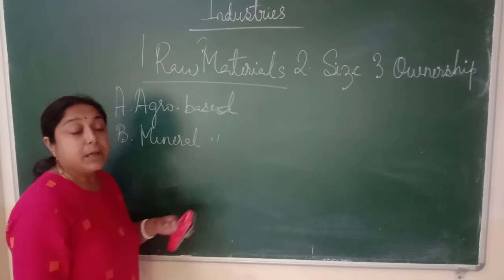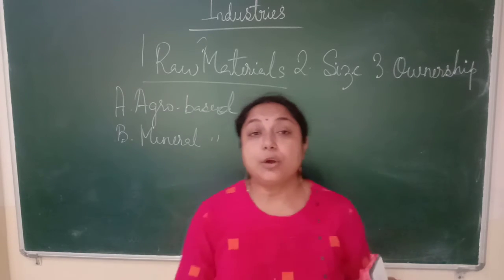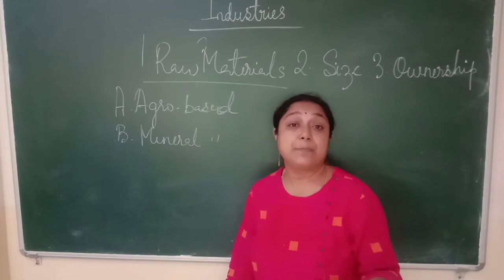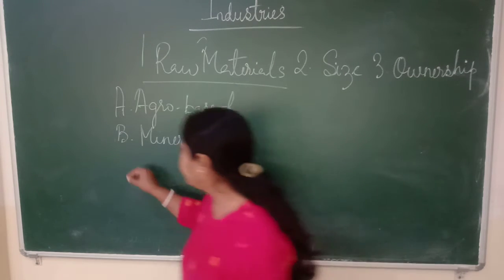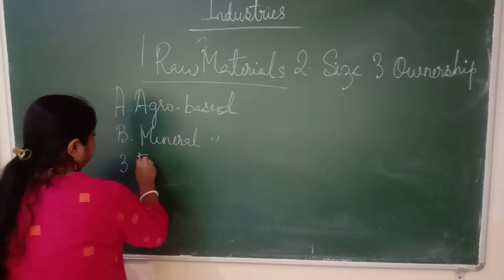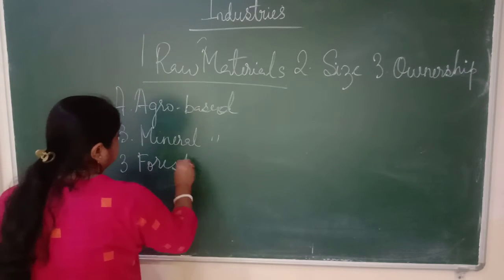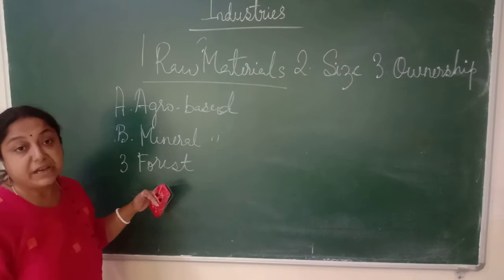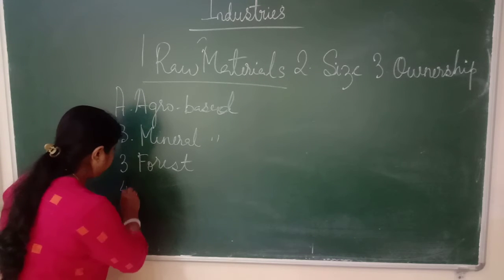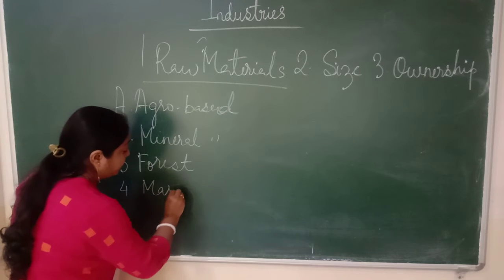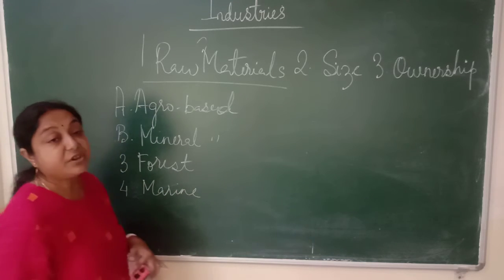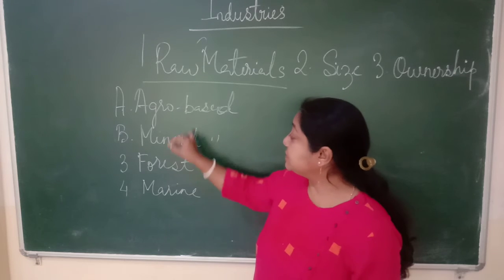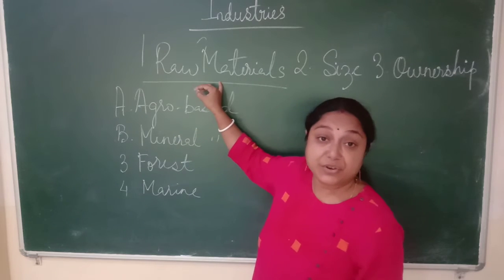For this, you are taking the raw material from the minerals. Minerals are your raw material, say for example, iron and steel. Third, forest-based. For this, you are taking the raw material from the forest, say for example, paper industry. Number 4, marine. For this, you are taking the raw material from the marine, the water body. So these 4 come under raw material.